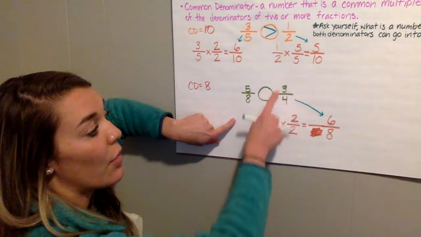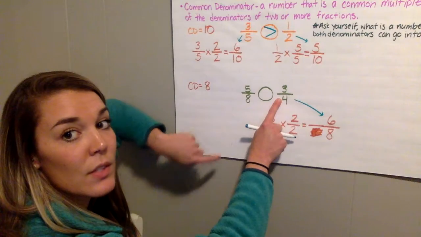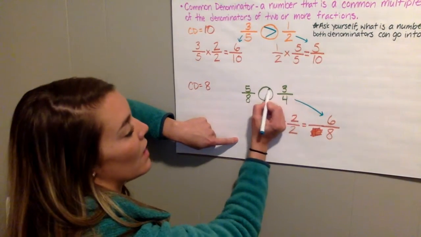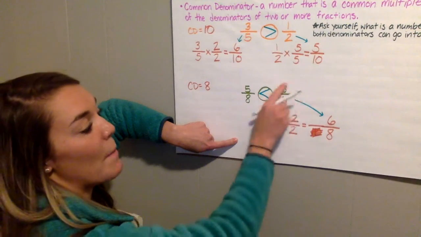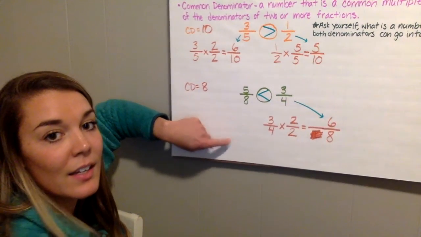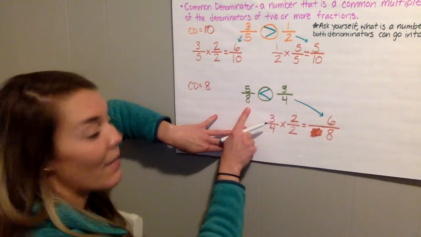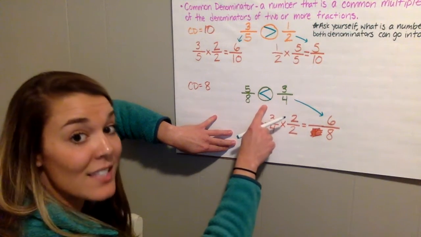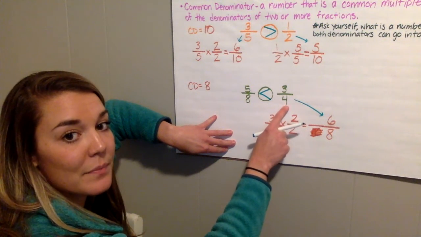So that means 3/4 is greater than 5/8. So my sign is going to be eating the bigger number, okay? So if I were to read this comparison, I would say 5/8 is less than 3/4, okay?